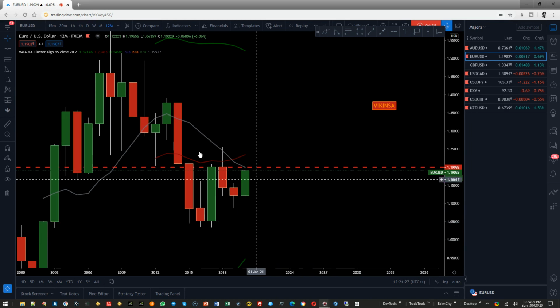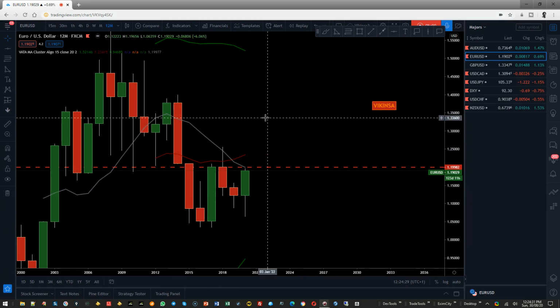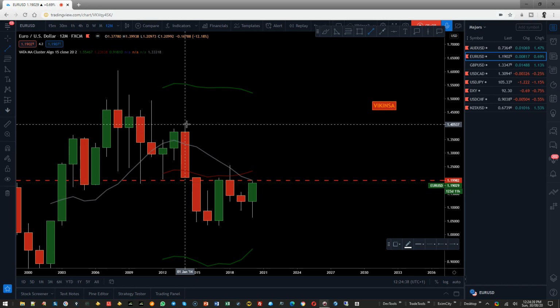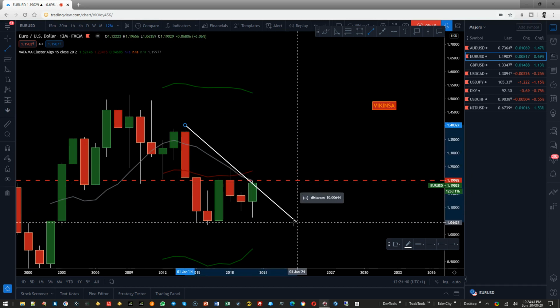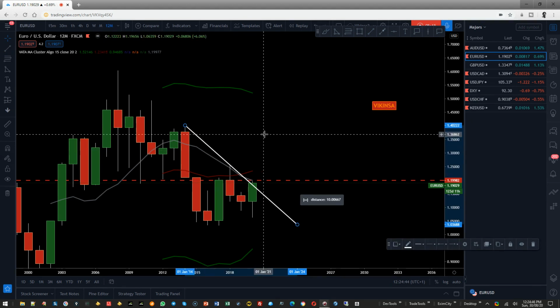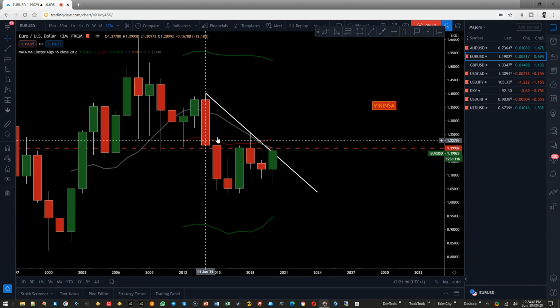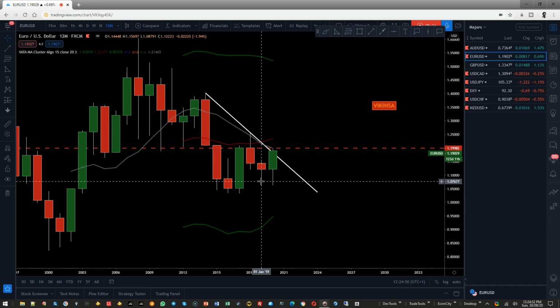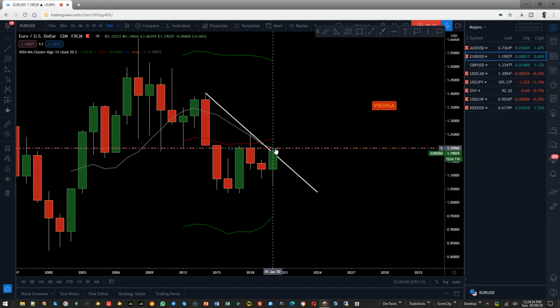Okay, we can see that the market could be creating a W pattern here, but that may take a long time. What we are interested in right now is an opportunity to trade right now. So we can draw a trend line here, and this is a very strong trend line, because the market has rejected it before, and it has rejected prior to this as well, and the market has now come back a little bit higher than this trend line.